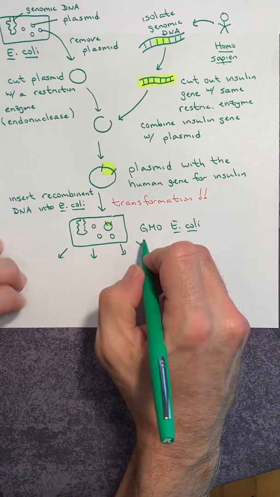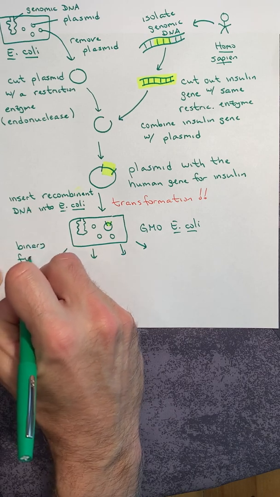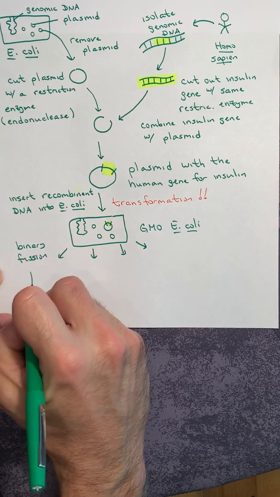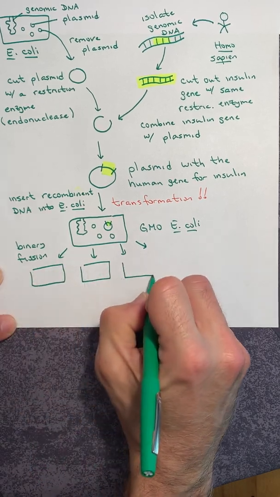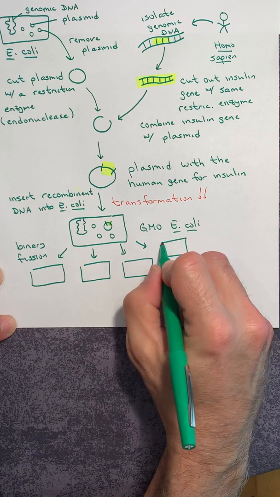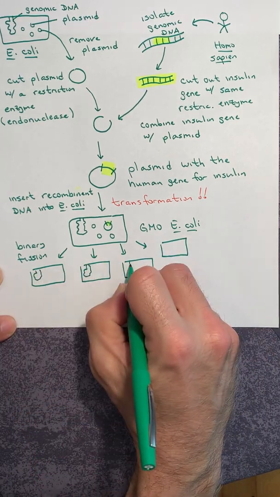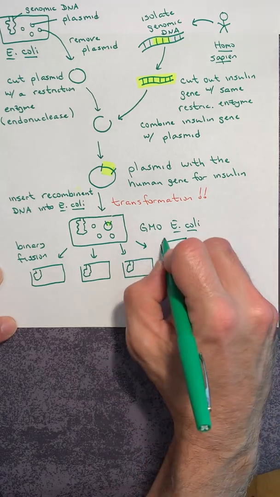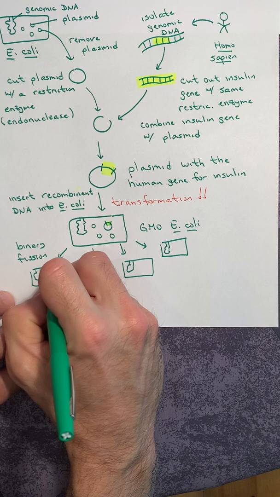Well, this cell then goes through its reproductive process called binary fission. And produces clones. Right, and I'm going to be a little sloppy with my drawings here. Here's your genomic DNA. That doesn't have to be very, very special, in all honesty.